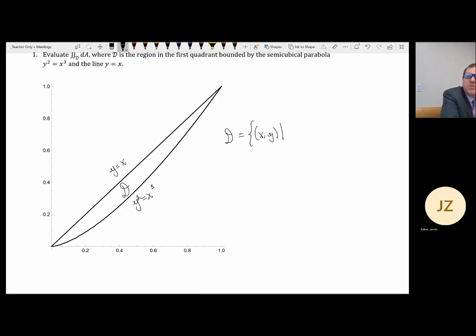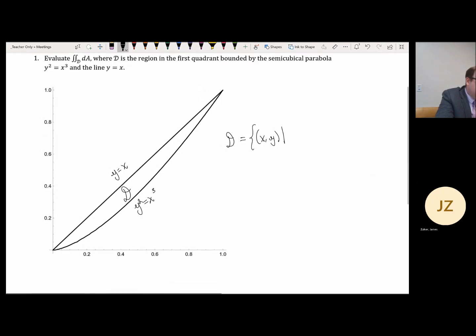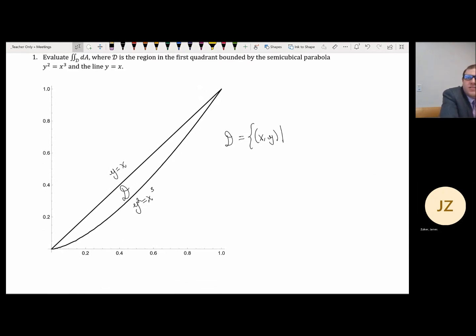I think that's the order. It doesn't really matter, so I'm going to go with dy dx, horizontally simple.